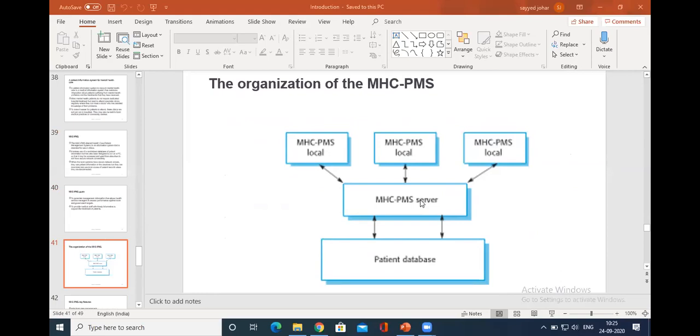The overall goals of this medical system, the mental health care patient management system, mean that you are trying to manage patients who have mental health conditions. The basic goal is to generate management information that could help the service manager, maybe a doctor, to assess performance against local and government targets.